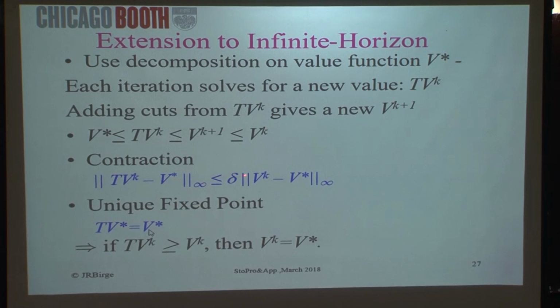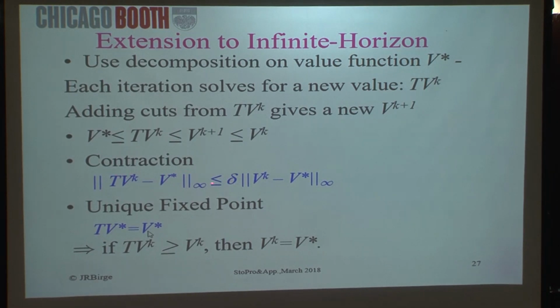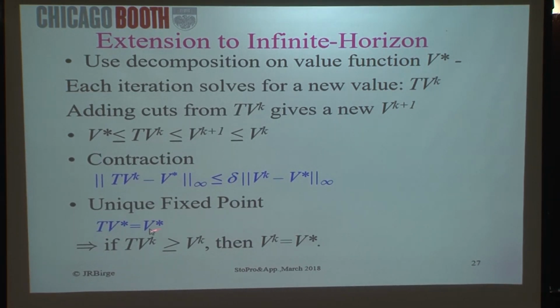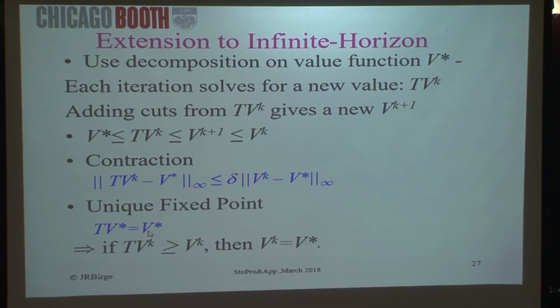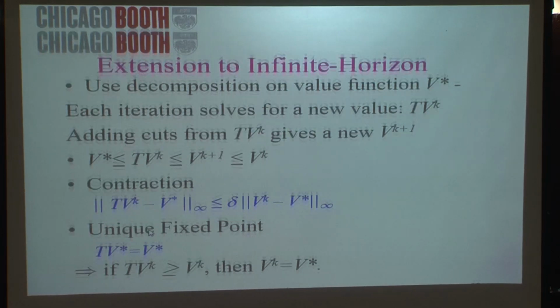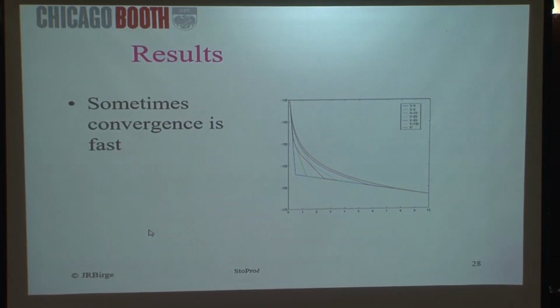This is the discount factor. As long as the discount factor is sufficiently large, it turns out that this algorithm also will converge and give you the unique fixed point, which is the value you're in search of. So this is showing convergence: it's making cuts, making cuts, making cuts, and then giving you the value function.